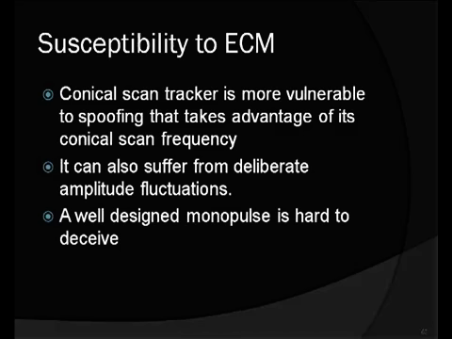Susceptibility to ECM, electronic countermeasures, basically jamming. The conical scan tracker is more vulnerable to spoofing that takes advantage of its conical scan frequency. That means the jammer sends a huge amount of signal at the conical scan frequency, which is a low frequency. Hence, he will be able to pump in a good amount of signal and the radar can be easily jammed.